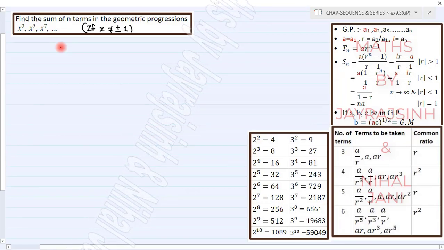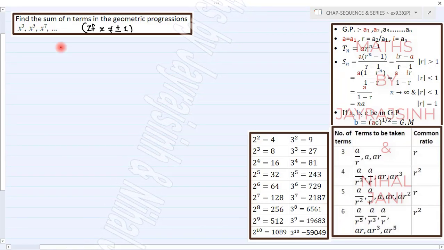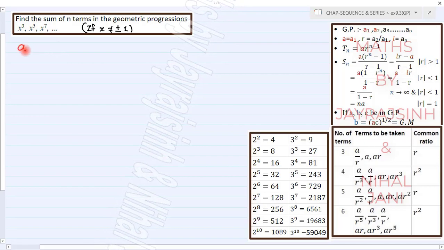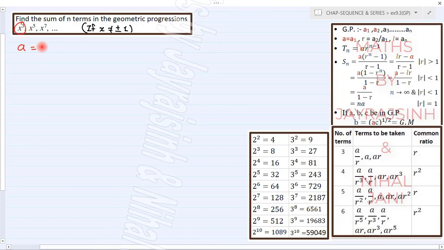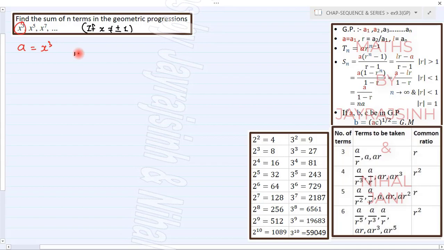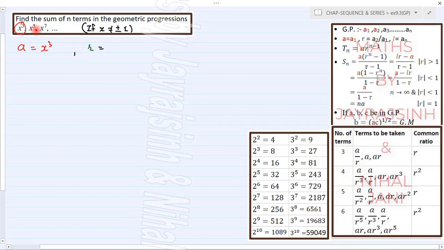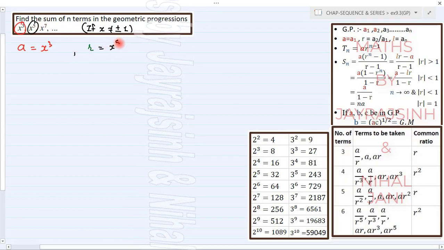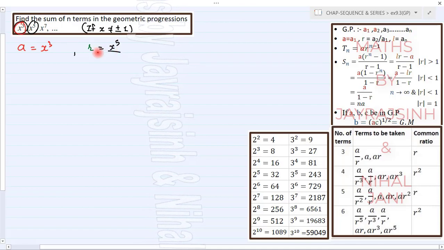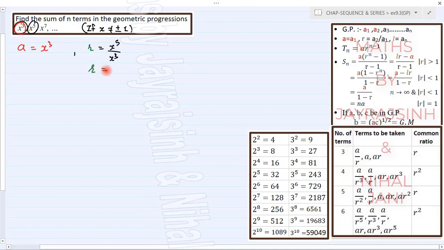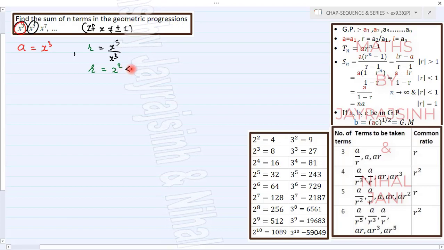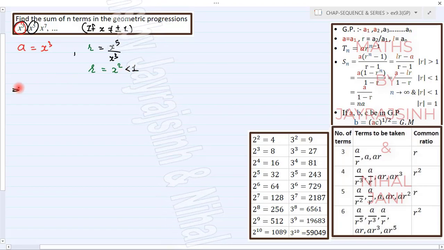In this question, we have to find the sum of n terms in a GP, where your first term is x cube and the common ratio of the second term to the first term is x square, which we consider as less than 1.